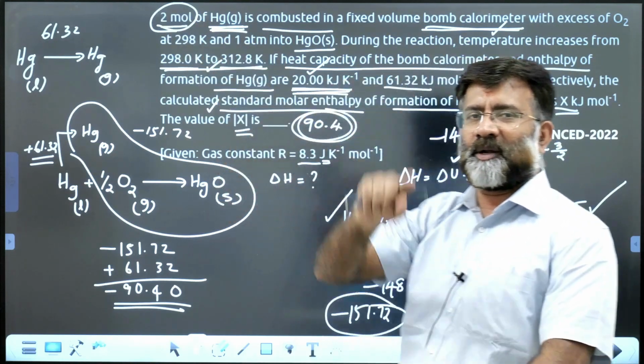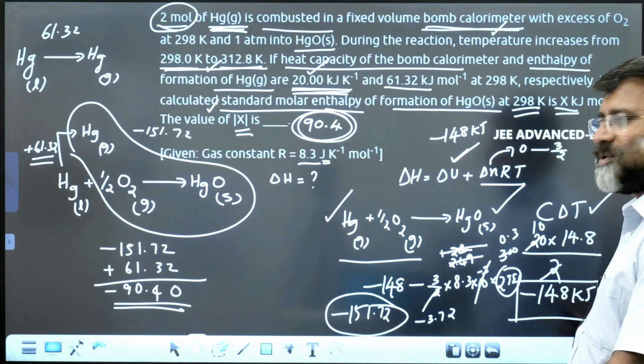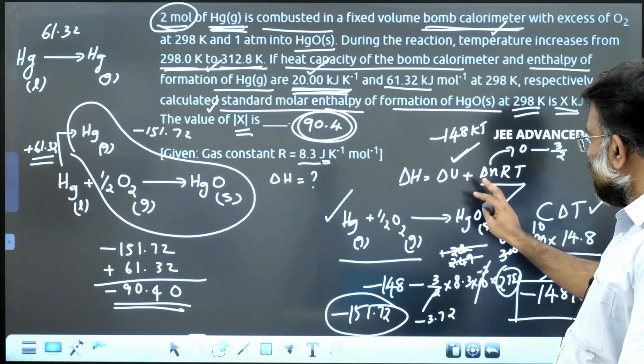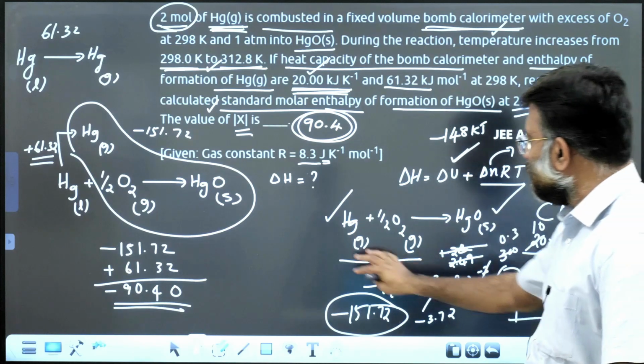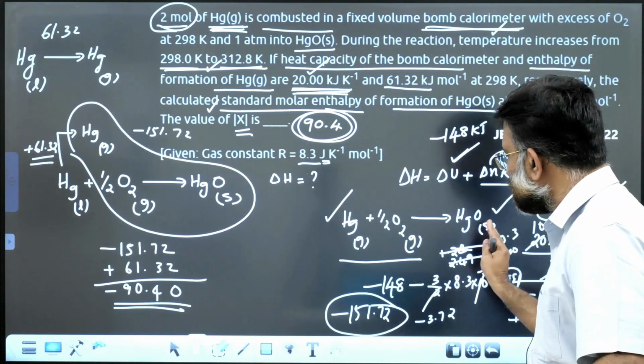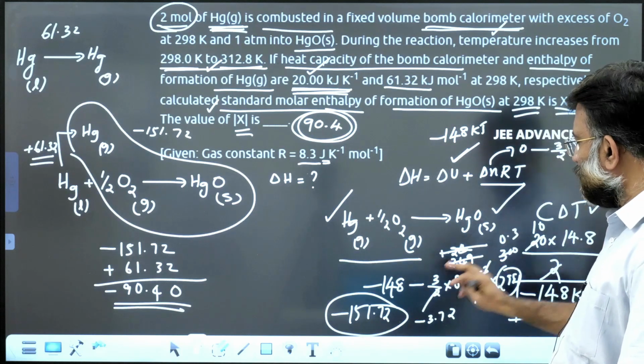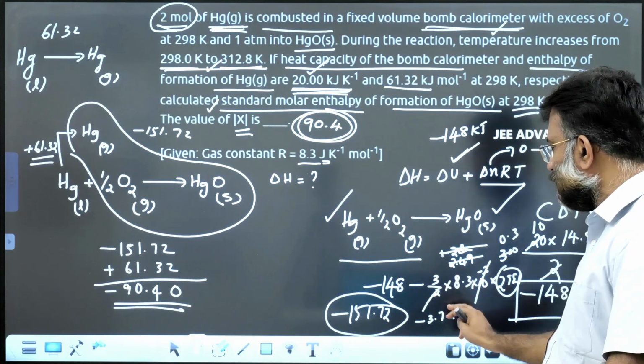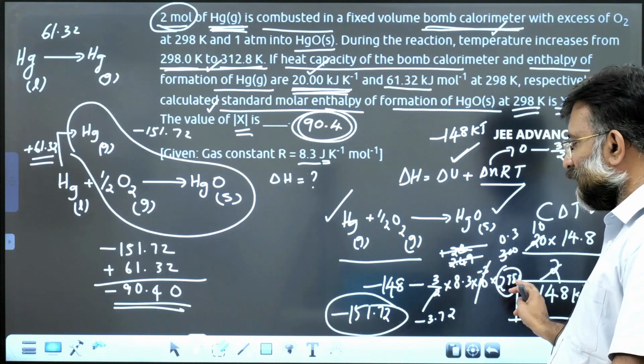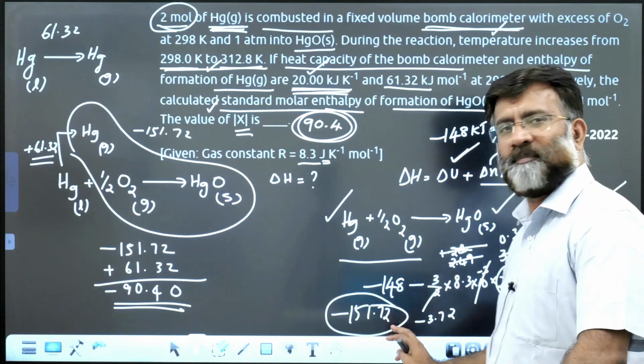For 1 mole mercury, it is divided by 2. You get minus 148, plus delta nRT. For this equation, delta n is 0 minus 1.5, so it is minus 3 by 2. So minus 148 minus 3 by 2 RT will give you minus 151.72.